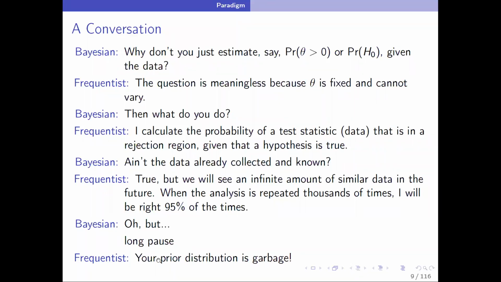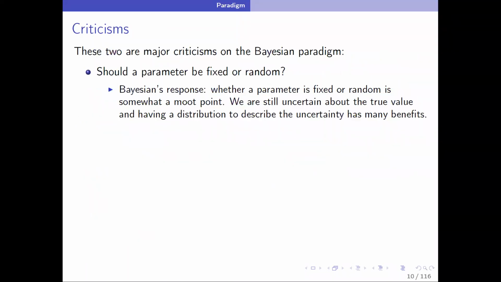And often a criticism of the Bayesian is that the prior distribution is garbage, which in a way, many times is probably also true. So I just want to use this hypothetical conversation to illustrate how the two camps think about things. And it's fair to say that there are two major criticisms of the Bayesian paradigm.